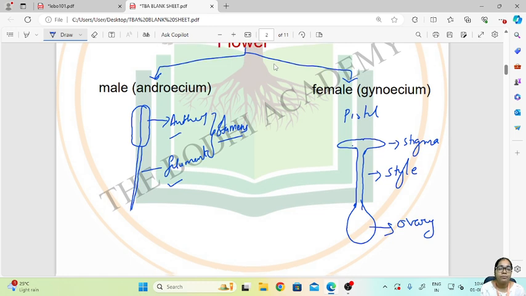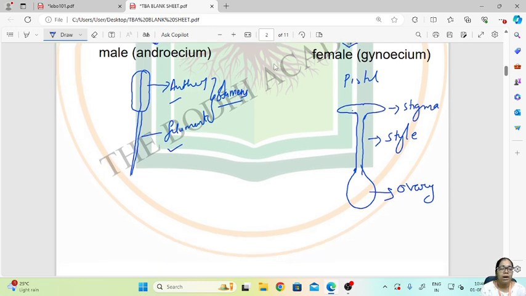Now, the male reproductive part, inside the anther, will form male gametes. Okay, and these male gametes are called pollen grains.